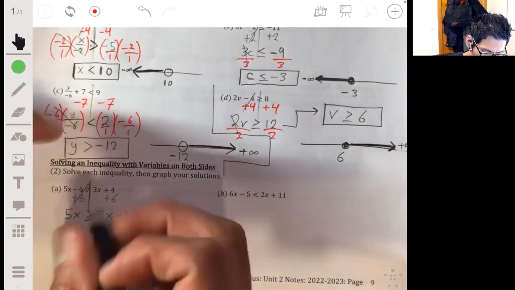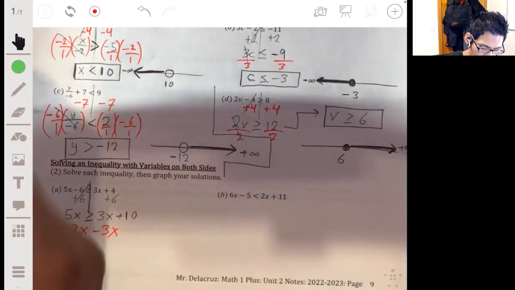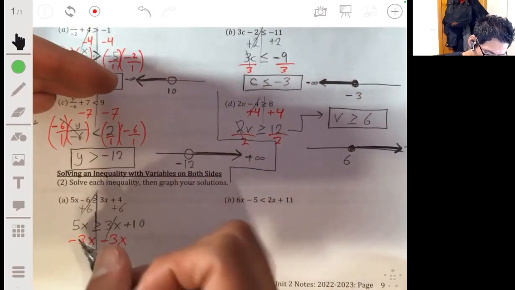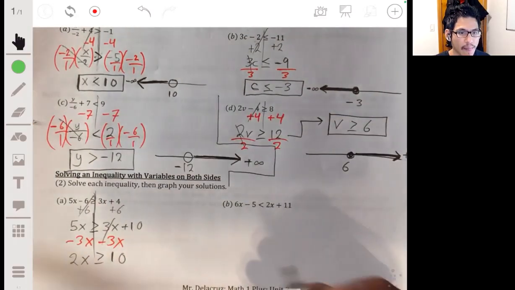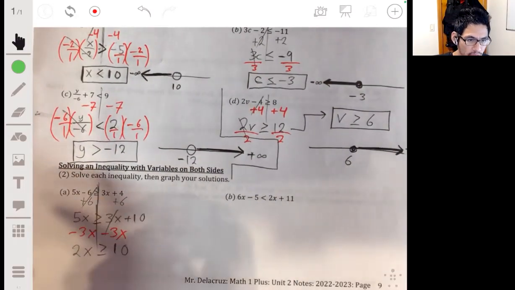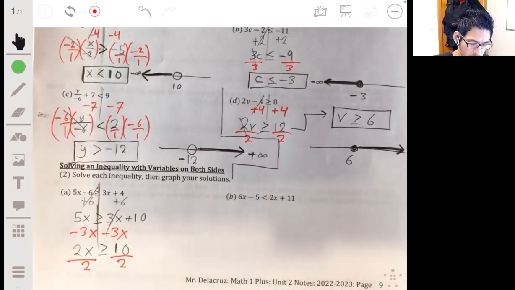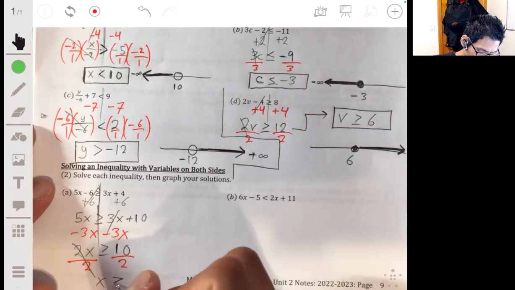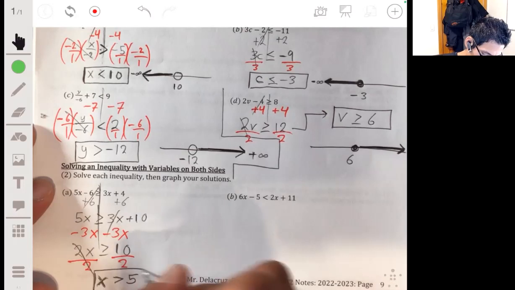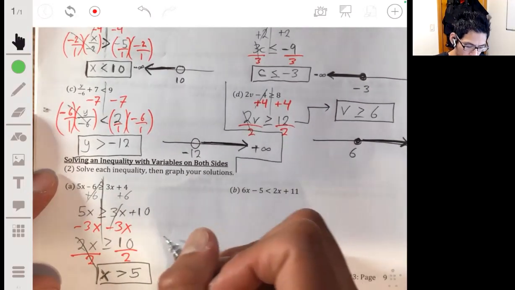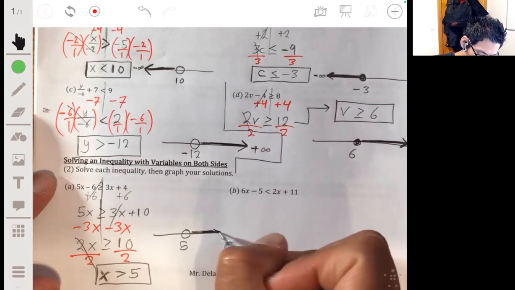We take away 3x, and then we get 2x is greater than or equal to 10. And then we divide by 2. And we get x is greater than 5. Open circle on 5. Arrow to the right towards positive infinity.